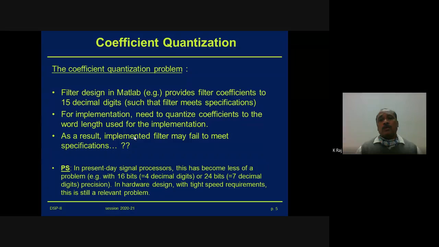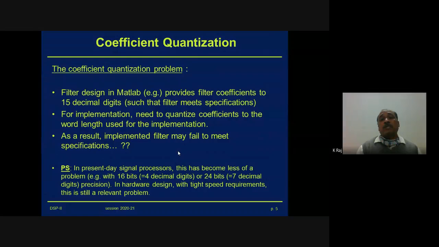Due to this representation, the limitation of the coefficients will cause quantization error. As a result, we also have to think about the outcome, whether the implemented filter will follow the specifications or fail to follow them.